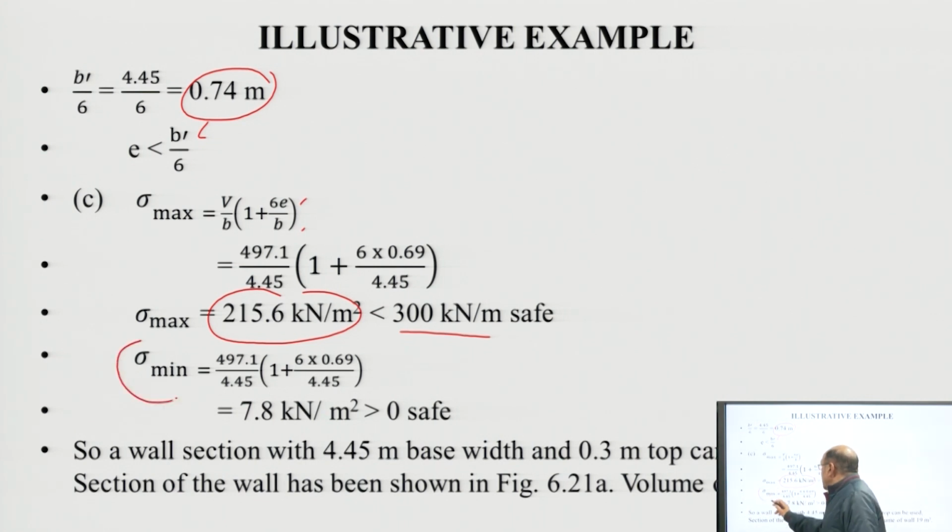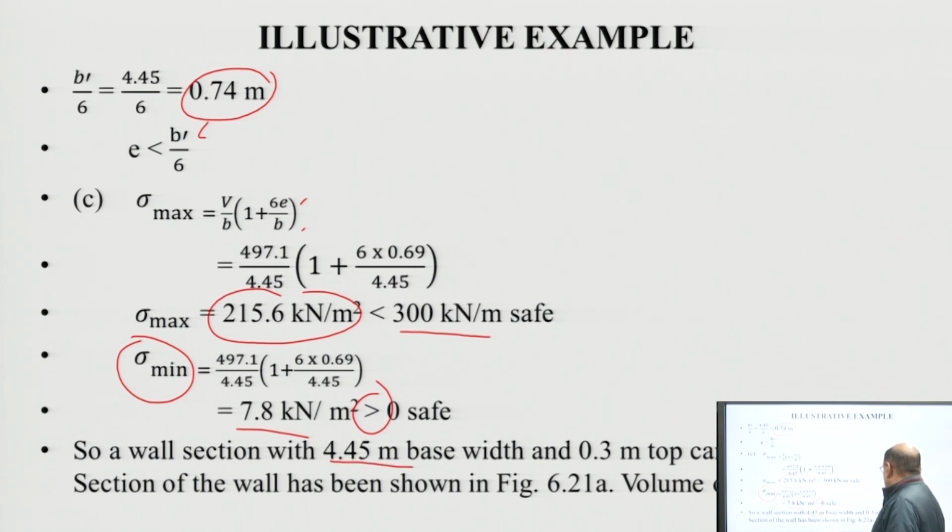So, sigma minimum again 497.1 divided by 4.45, 1 plus 6.69 divided by 4.45. So, it is coming 7.8 kilonewton per meter square, which is more than 0, hence it is safe. So, a wall section of 4.5 meter base width and 0.3 meter top can be used.